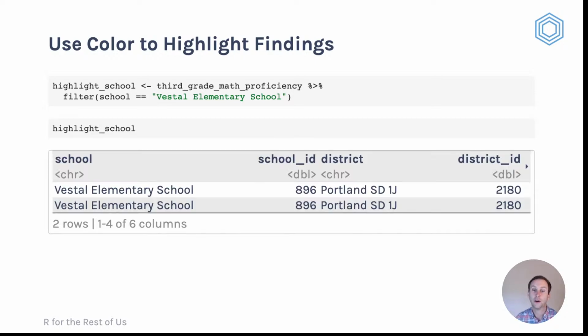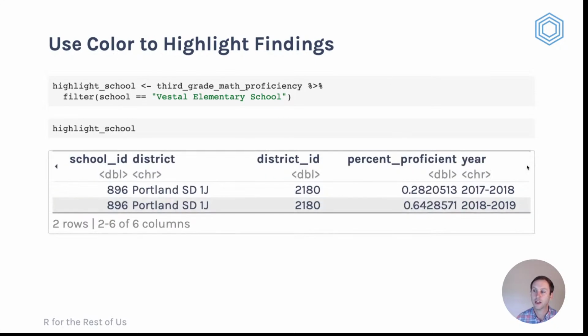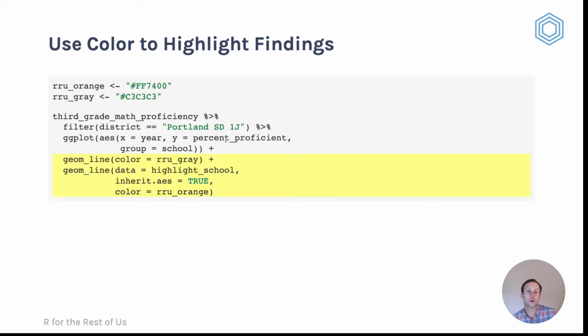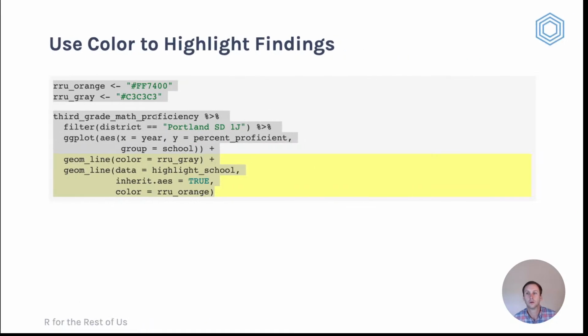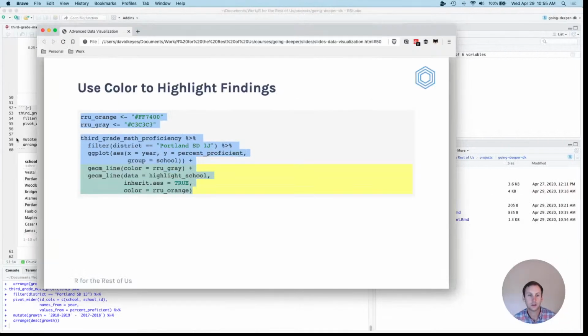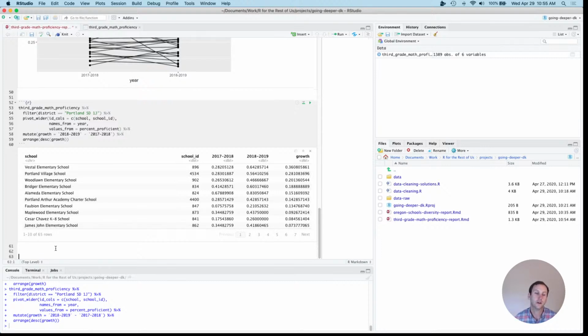If I actually show you what that looks like, it's got school, school ID, district, and it's just got the data, percent proficient, year, for that single school. Now what I can do is add this code. So let me actually just copy this, exit this, go down here.